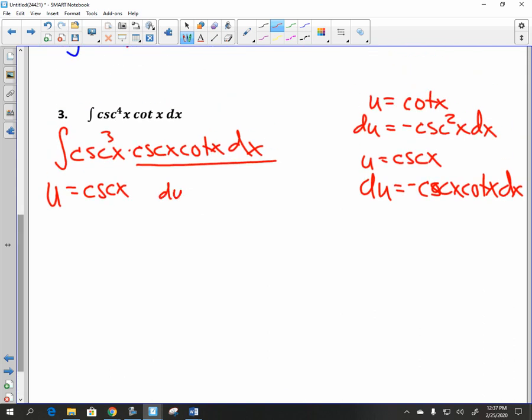Du is equal to negative cosecant of x cotangent of x dx. Multiply by that negative. Negative du is equal to cosecant of x cotangent of x dx. Who can tell me what my new integral looks like?